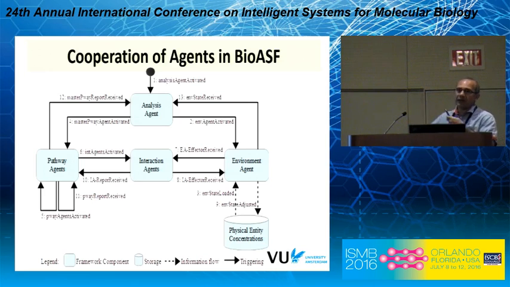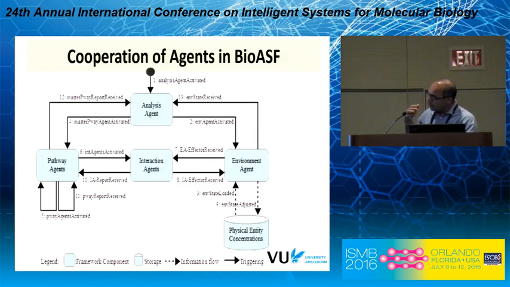Pathway agents recursively activate sub-pathway agents and their interaction agents. Interaction agents, upon their activation, wait to receive changes in the concentration of their physical entities from the environment agent, and the environment agent, upon its activation, loads initial concentrations from a repository and propagates them to interaction agents.